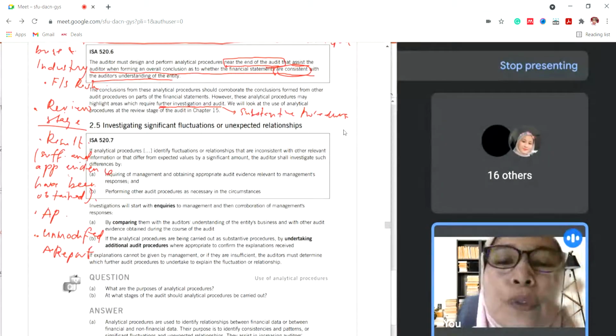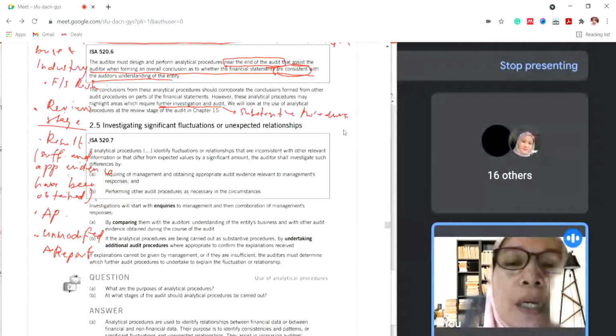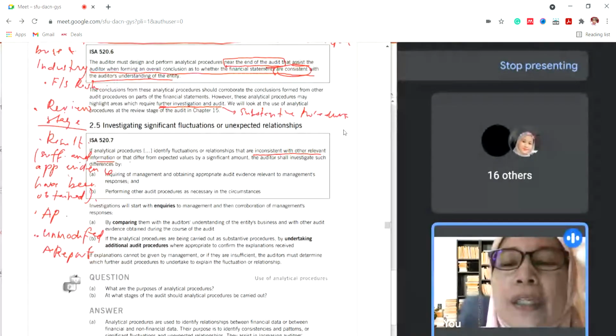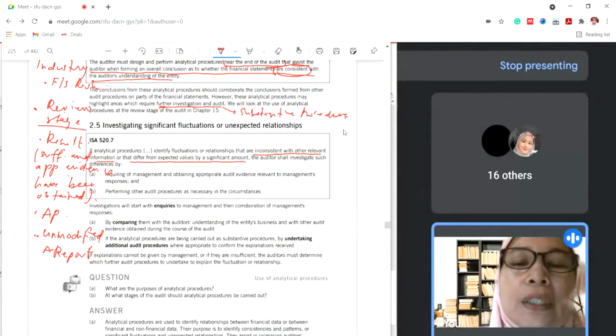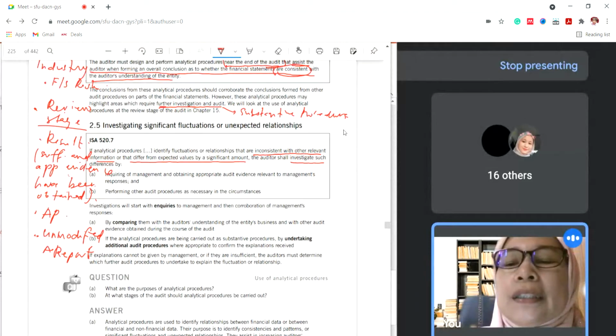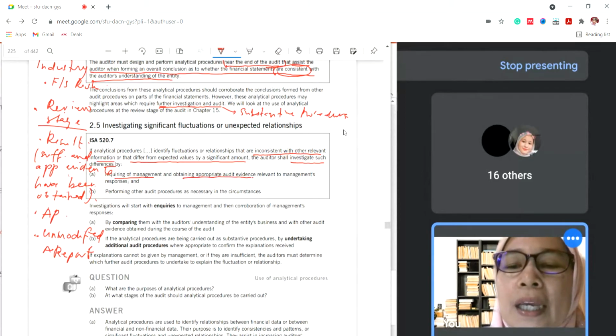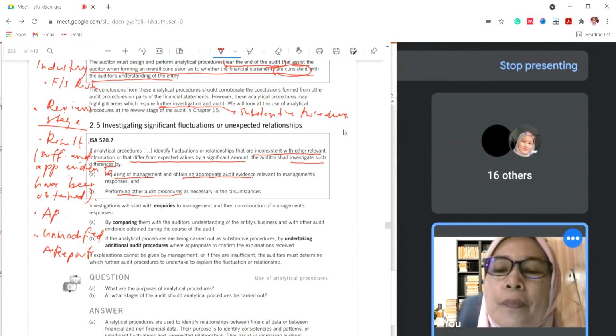If you identify any fluctuation or relationship that is inconsistent with other relevant information or that differs from the expected value by a significant amount, the auditor shall investigate such differences by inquiring of management, obtaining appropriate audit evidence, and performing other audit procedures. So that's what I said just now.